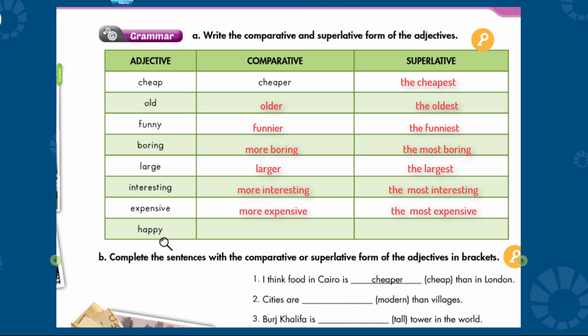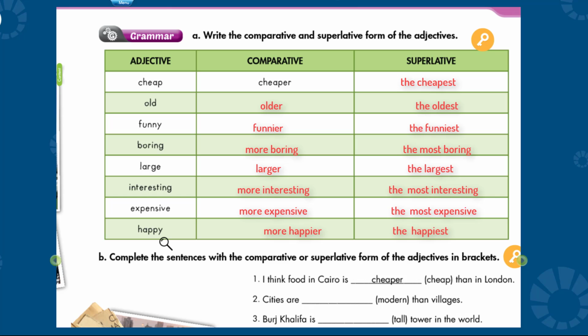Happy is a long adjective had 2 syllables but ending the letter Y. So we change Y into I before we add ER in comparative adjective and EST in superlative adjective. Okay? Happy là tính từ dài, có 2 âm tiết.